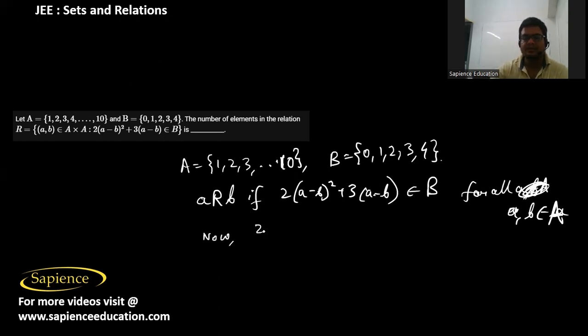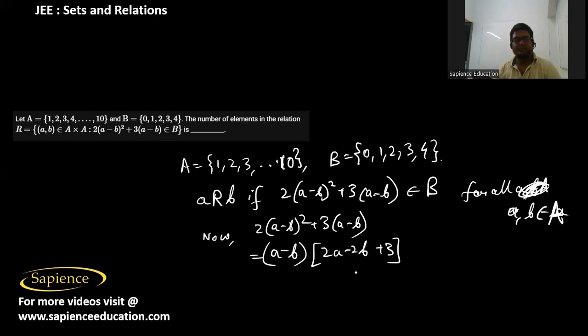Now this 2 into (A minus B) whole square plus 3 into (A minus B), that we can also write it as (A minus B) I can take as common, then we can write (A minus B) into (2A minus 2B plus 3).